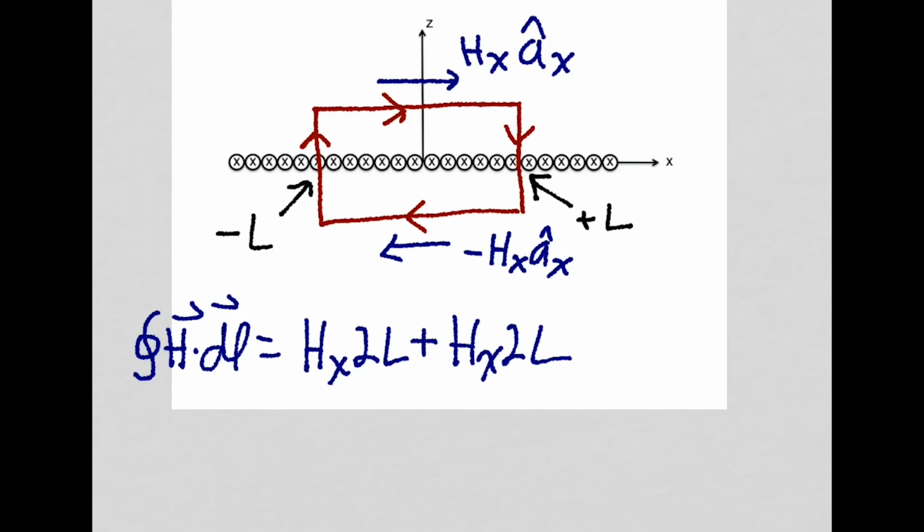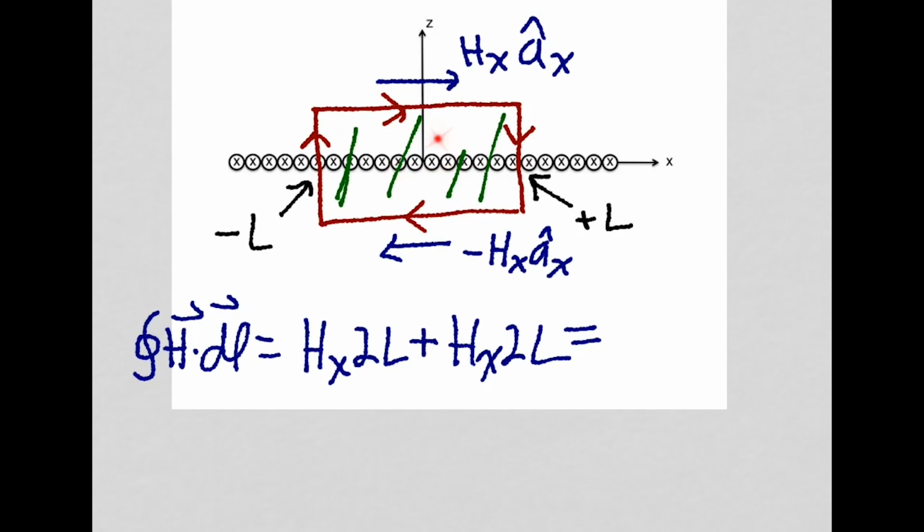Now this is going to equal the current enclosed, and that's the current going through this surface right here. With your right hand in the direction of the integration, your thumb points into the page, so that's the direction of the current.